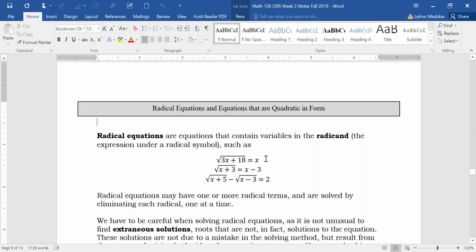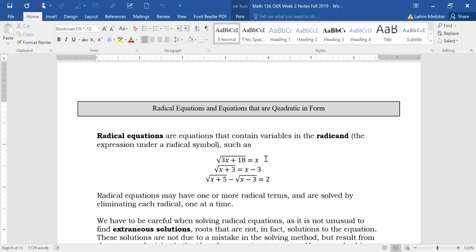So radical equations may have one or more radical terms and are solved by eliminating each radical one at a time. We have to be careful when solving radical equations because when you use the rule we're going to use in just a second, called the power rule, to get rid of our radical, that is not creating an equivalent equation, it's creating a similar equation.